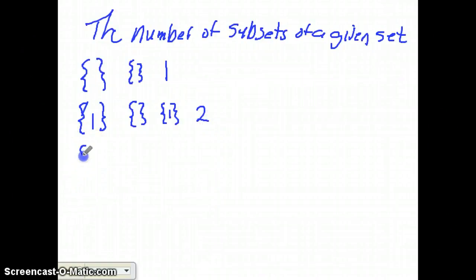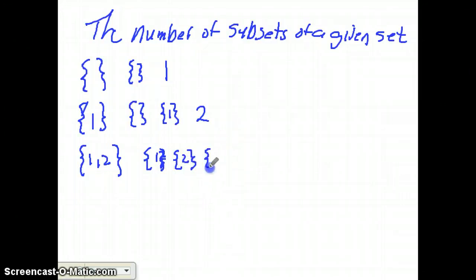Now let's try this again. 1 and 2. What are all of the possible subsets of this set? Well, let's see. I've got 1. I've got 2.